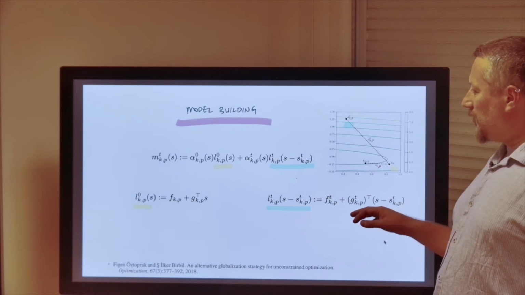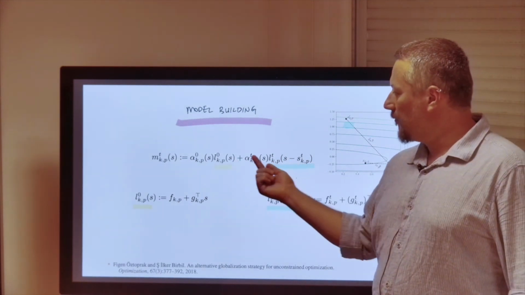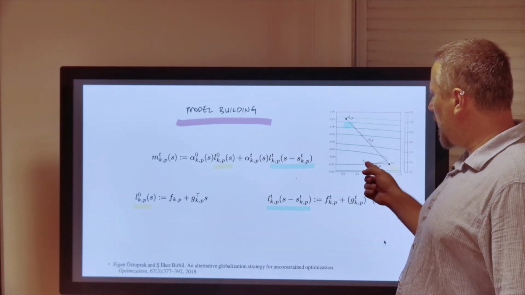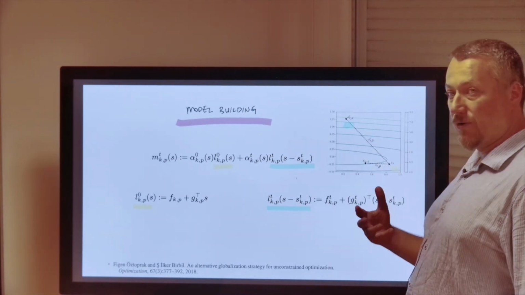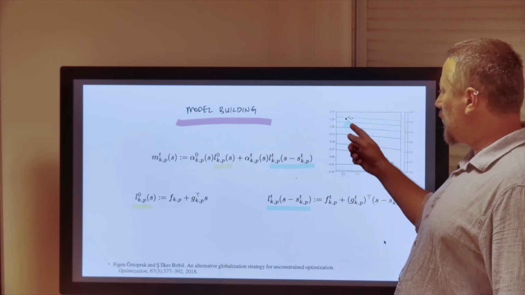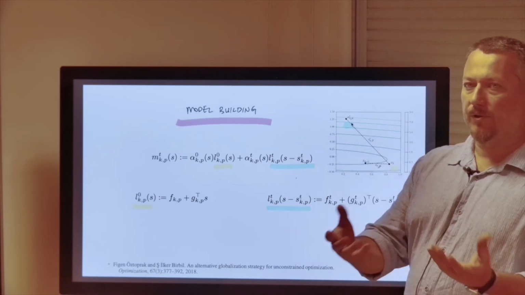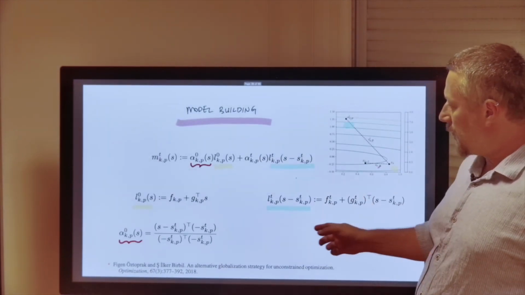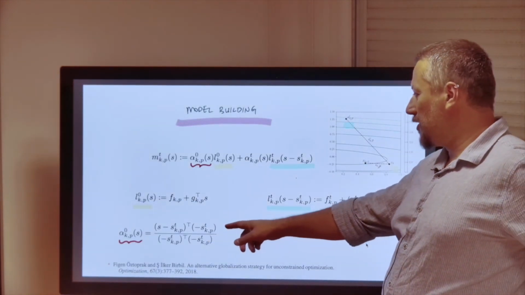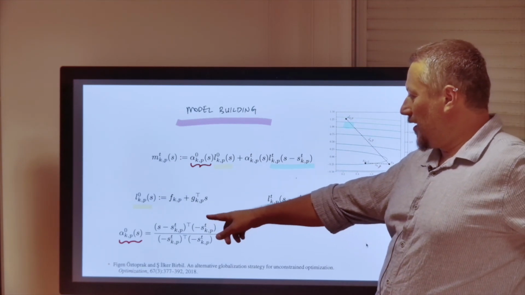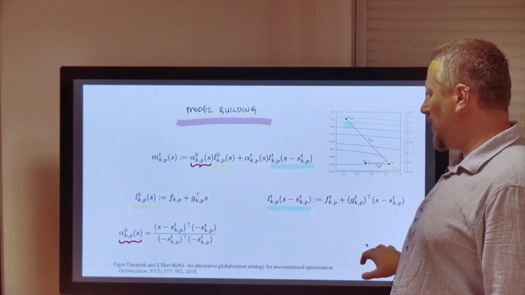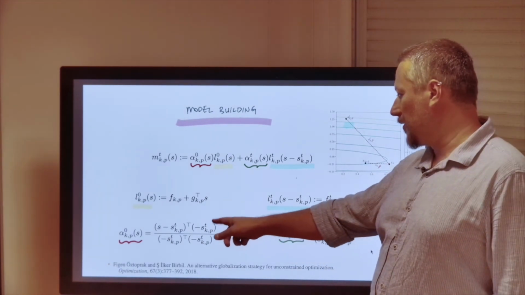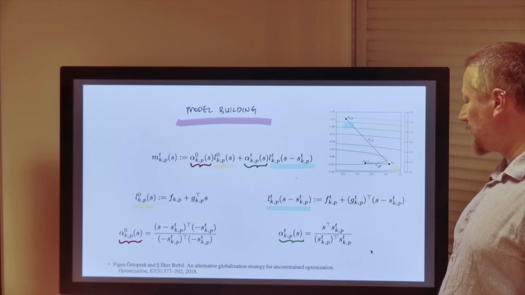So what we do is we weight them and sum them with these weights so that this minimum xk plus 1 that we are going to choose doesn't get close to these 2 points that we built the model around. So we choose these two weights. These are the projection of s minus skt and s over the vector negative skt and skt.